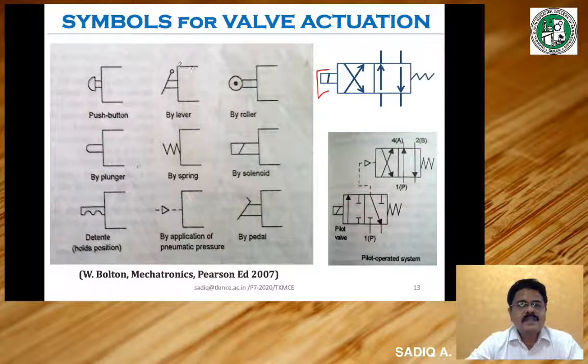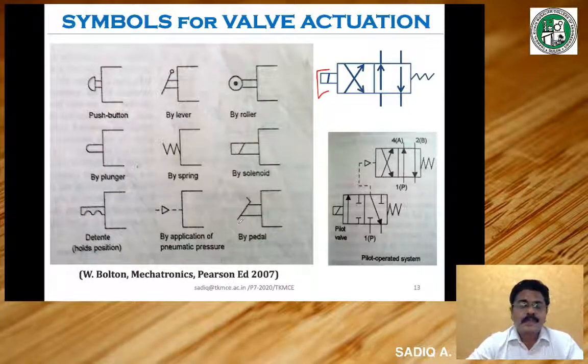If the change in status is done by means of a lever, then a lever will be shown here instead of this. Like that, the change in status can be done by means of a roller, a plunger, a spring, a solenoid, a detent or a holding position, or it can be controlled even by a pressure that is taken from another circuit, called a pilot pressure, or it can be operated by means of a pedal also.